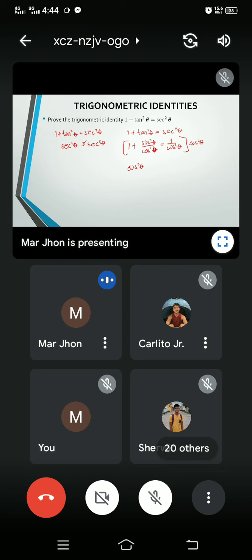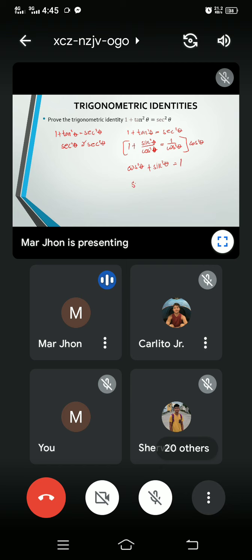Then sine squared over cosine squared, so cancel cosine, so we have sine squared theta. Then 1 over cosine squared times cosine squared is equal to 1, so cancel ang denominator. So it's equal to 1.